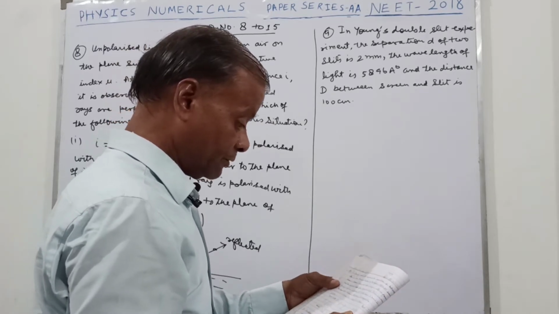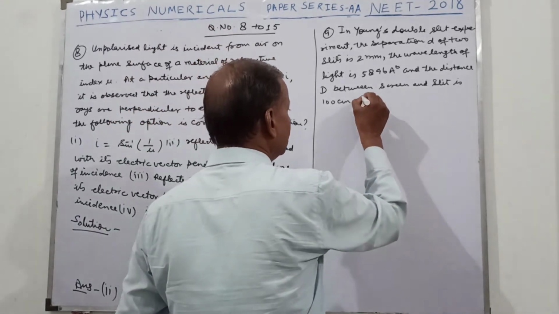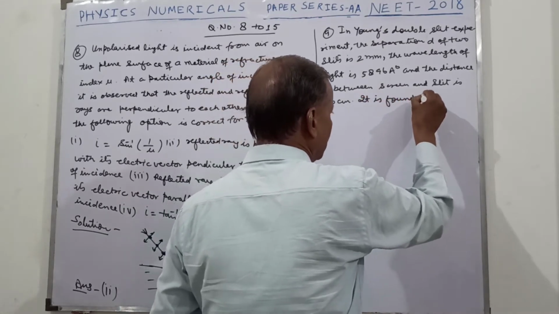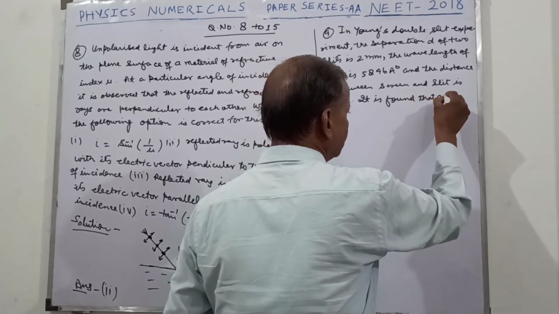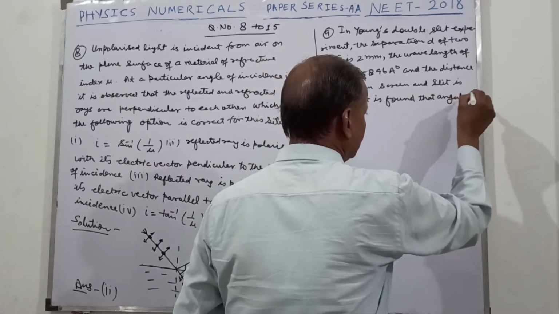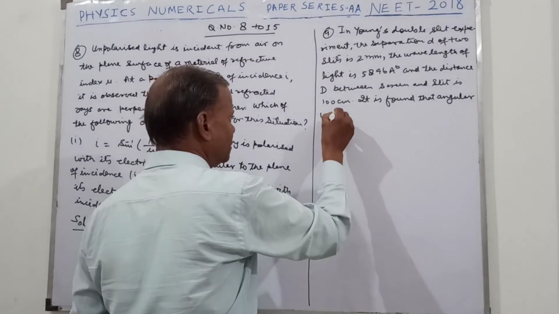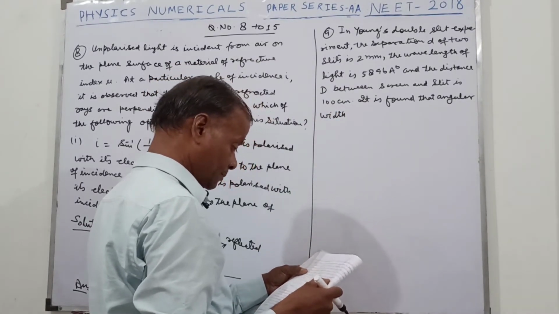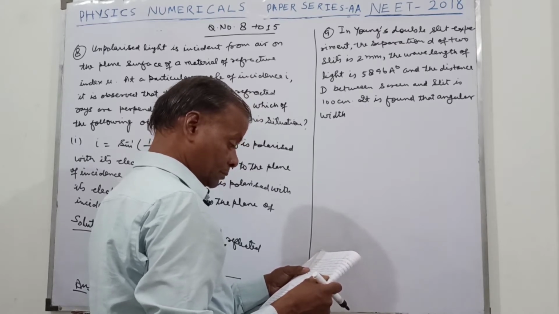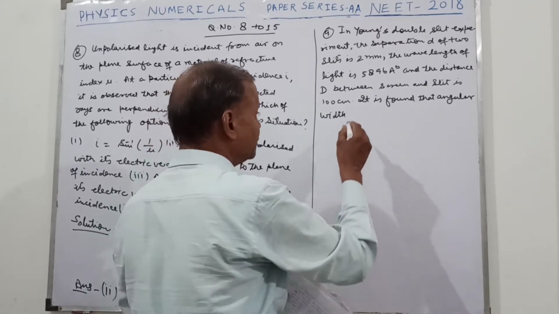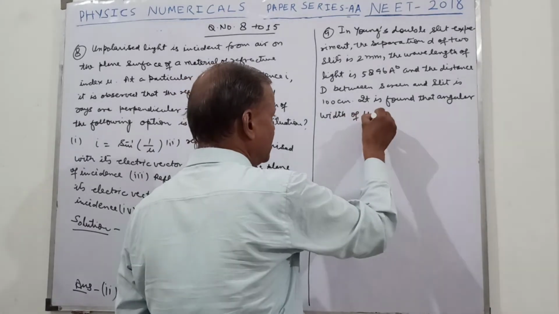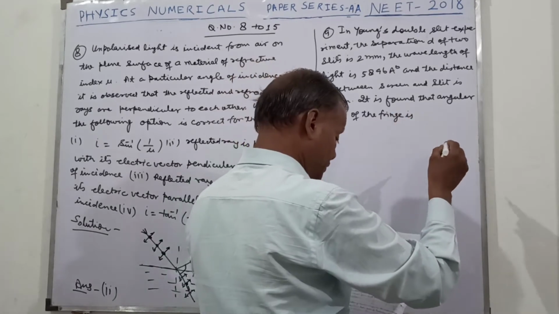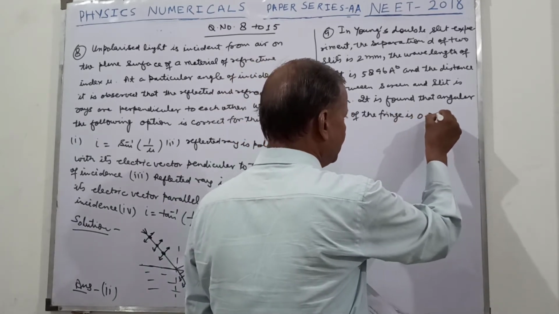It is found that the angular width of the fringe is 0.20 degree.